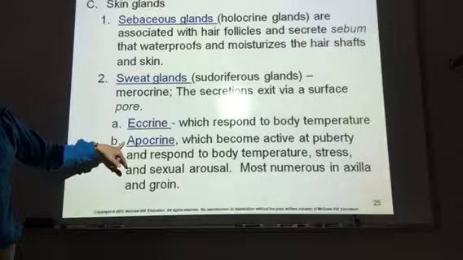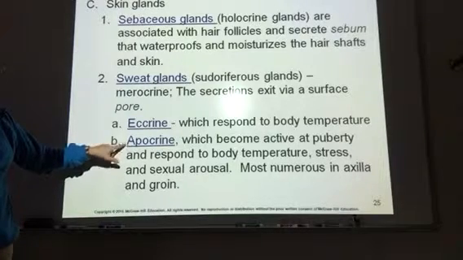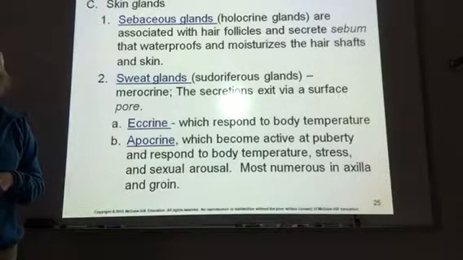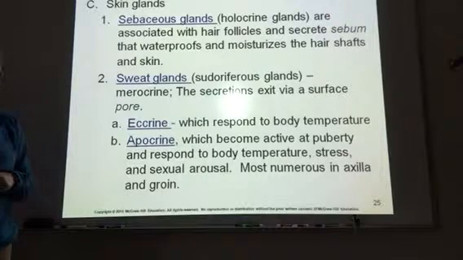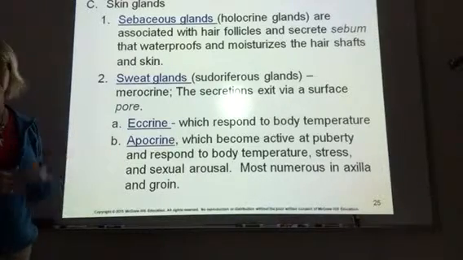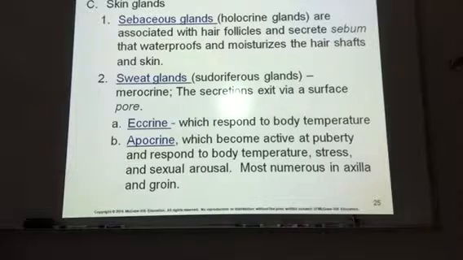These are the ones that are more associated with smell. You know, when you have smelly armpits and things like that. The apocrine glands are going to have more of an odor associated with them than the eccrine glands. And the eccrine are found all over. Apocrine are specifically clustered in your armpits and groin area.